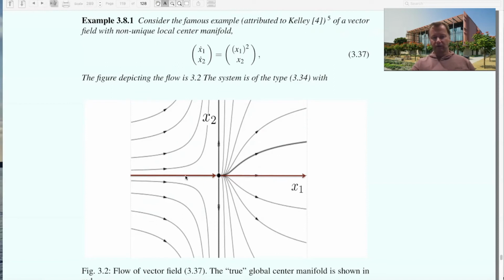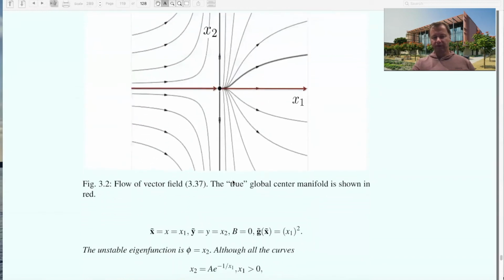In the local theory, we'd say, well, any one of these curves that take off tangent to x2 is equal to 0 at the origin is produced by the local center manifold theorem, including this one.